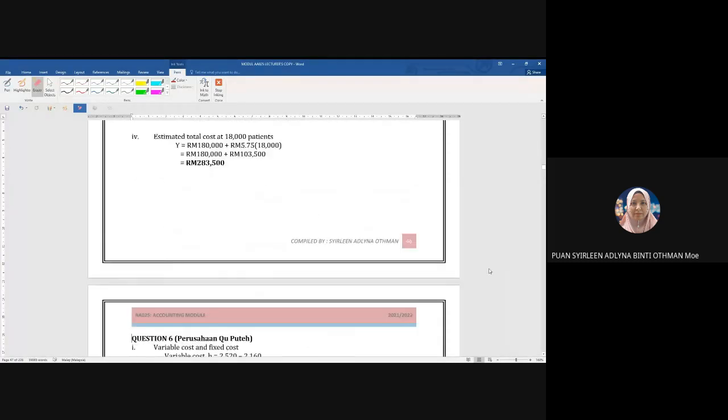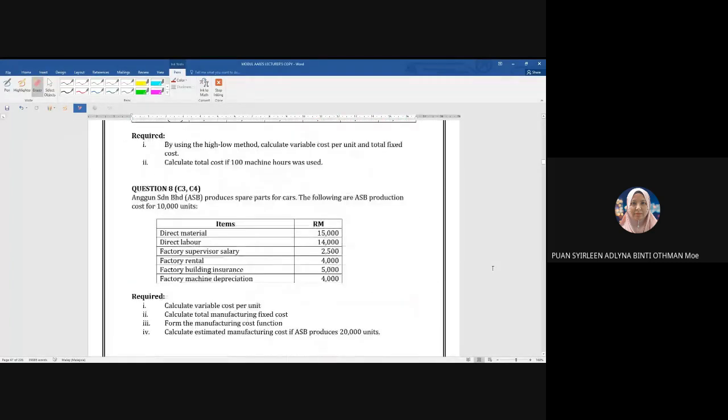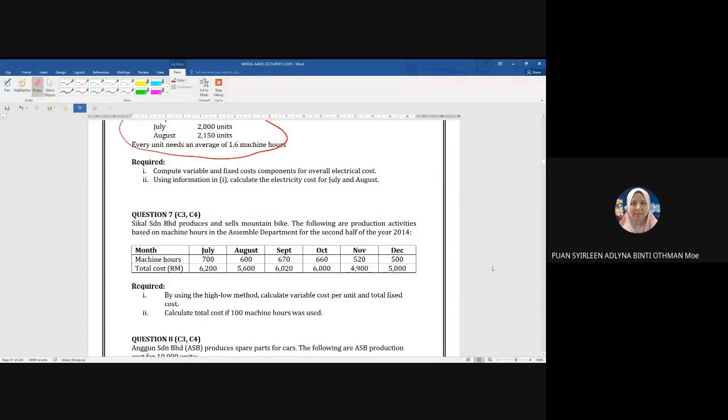Okay, I need to show you the question for this one, sebab semalam ada yang tanya kan. Yang ni ada pertikaian yesterday lah. Sebab madam suruh awak cari highest and lowest, so bila kita cari highest and lowest, you look at your cost driver lah. Your X, cari cost driver. So kita tahu this is lowest 500 and this is highest 700. Awak jangan tengok yang ni ya. Sebab kalau you tengok yang ni, 500 ni tak akan jadi lowest. Yang jadi lowest ialah November sebab dia punya cost 4,900.